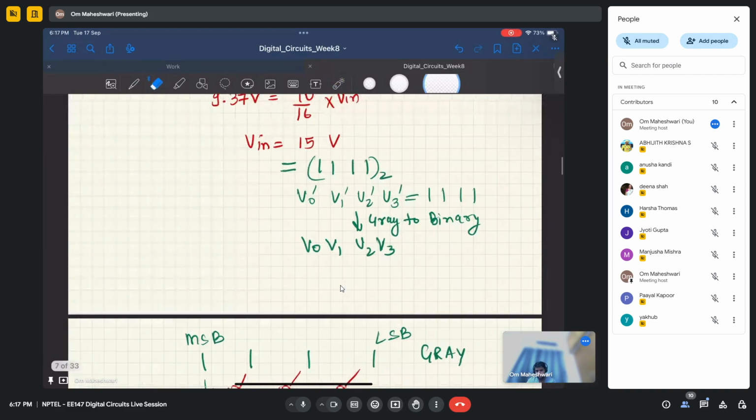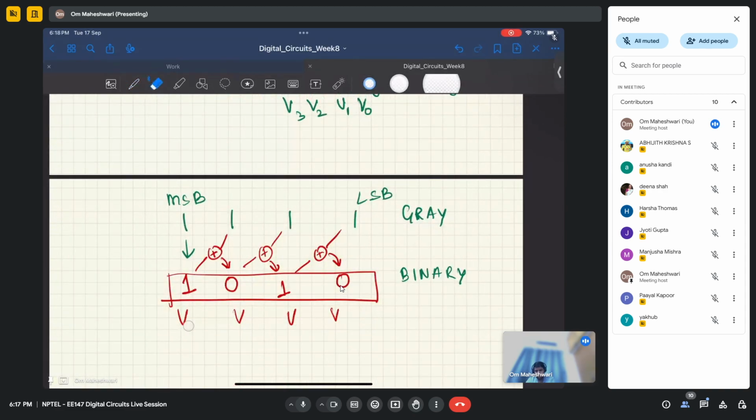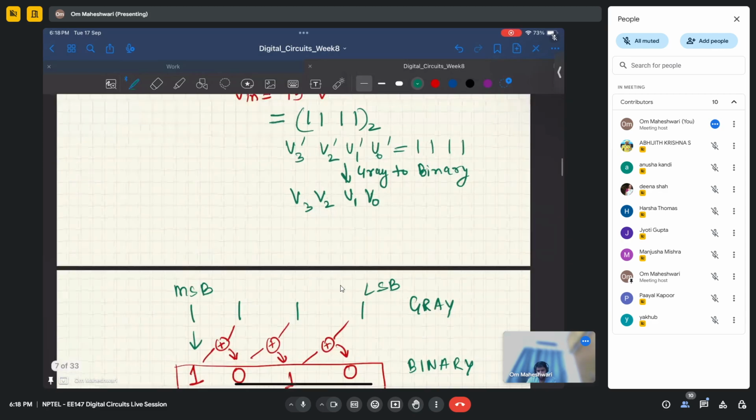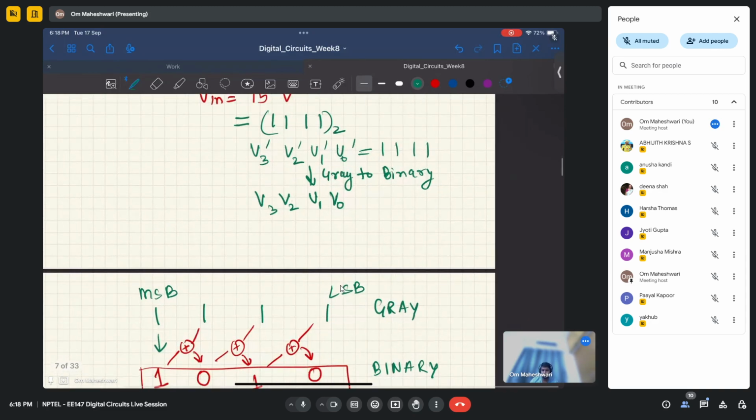So this is V3, V2, V1, V0, and your answer is A. Okay, so everything remains same, I've just interchanged the positions of V3 to V0 because V3 is MSB.